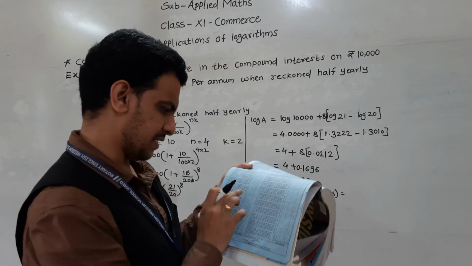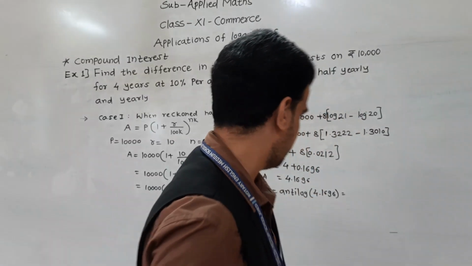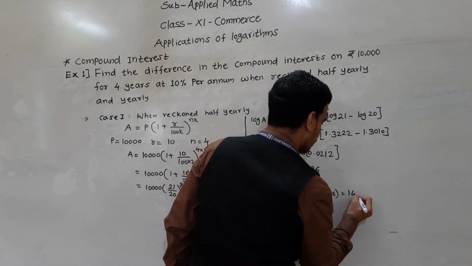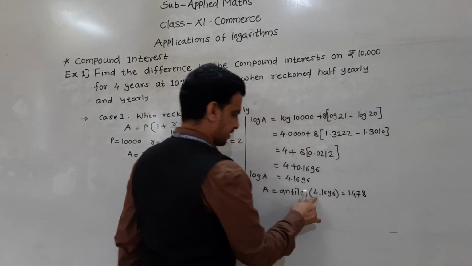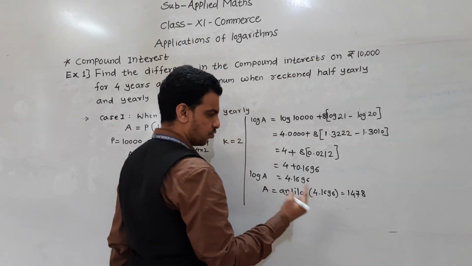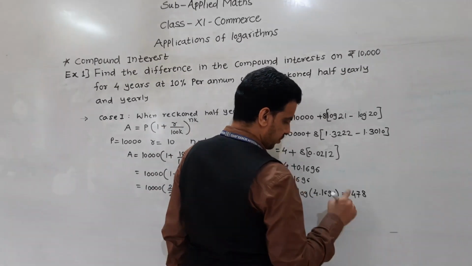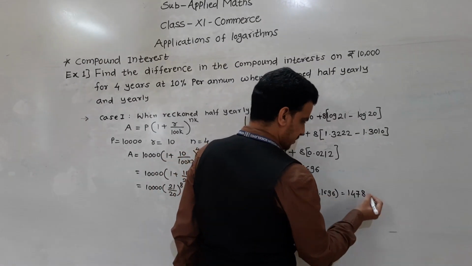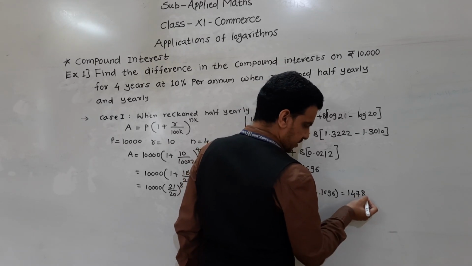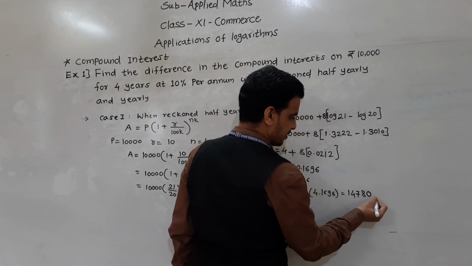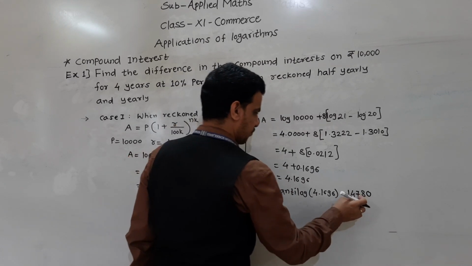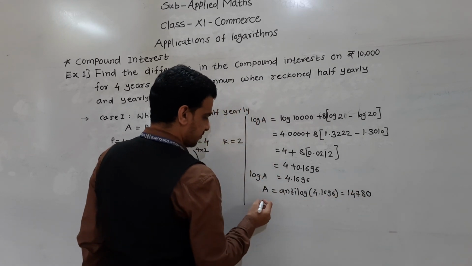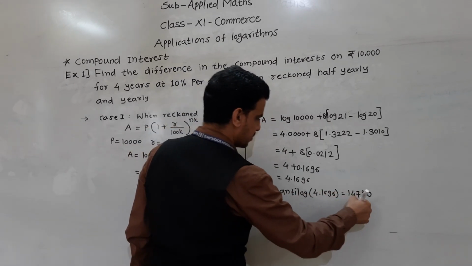So 1478. The characteristic is 4 here, so 4 plus 1 is 5. So we have to give the decimal point after 5 digits. Here only 4 digits are there, so give a 0 and then the decimal point. So the answer is 14,780. So A is equal to this.